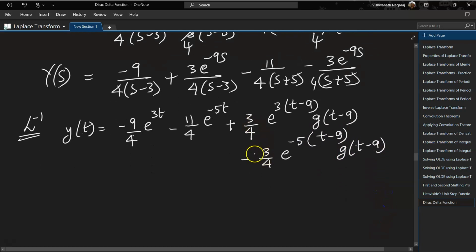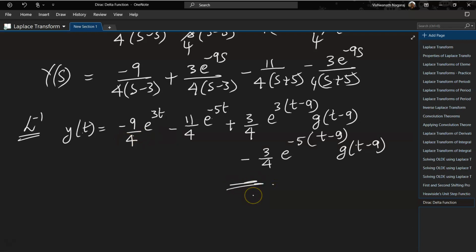We could take 3/4 or 1/4 common, or we can just leave it as it is. So this is the solution for this differential equation. That's it. Bye.